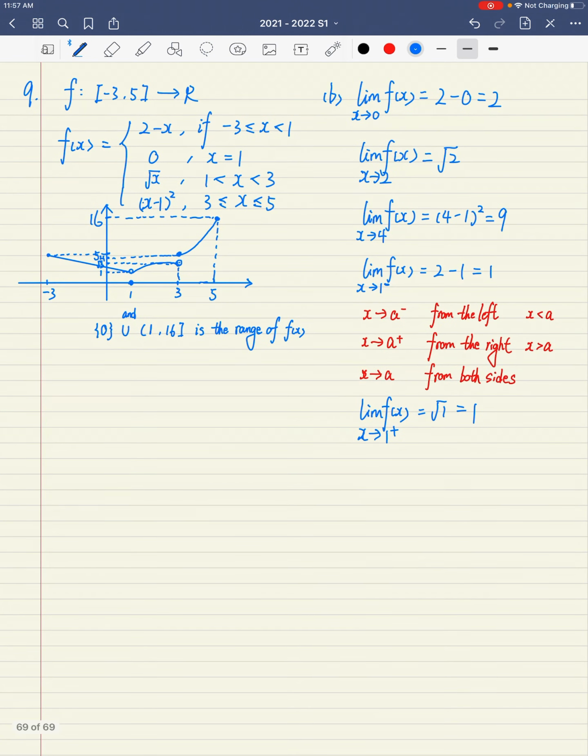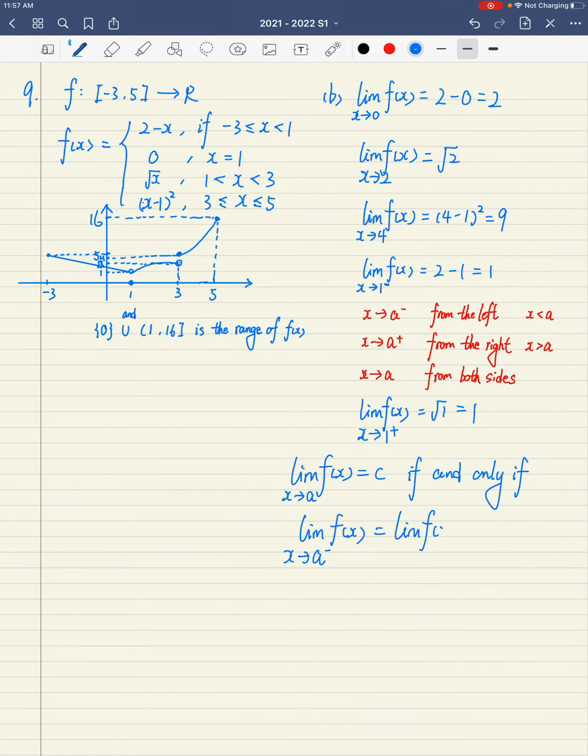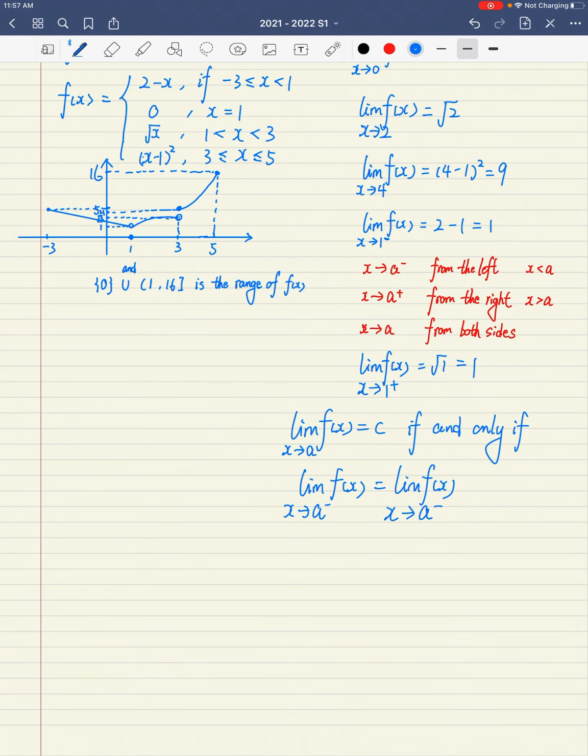So the next part is very, very important. The limit of f(x) as x approaches a is equal to, let's say, a number c, if and only if the limit from the left is equal to the limit from the right, and is equal to this value. This is very, very important.